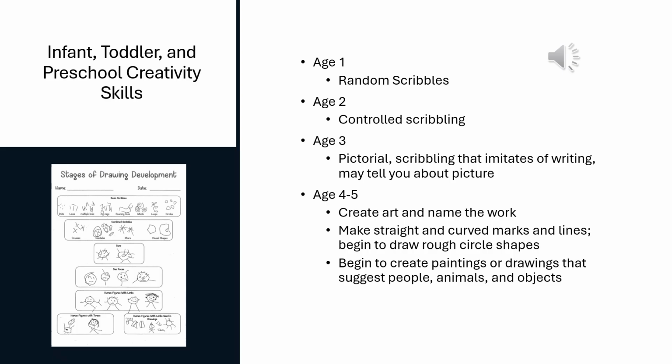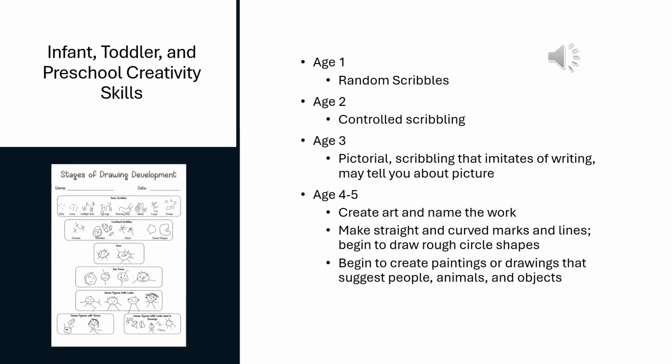So if you wanted to create a circle, it looks like a circle when you're done. By age 3, scribbling may imitate more accurately the things that children are trying to create. So they can create pictures of things in the environment and may tell you about the picture that they've created.